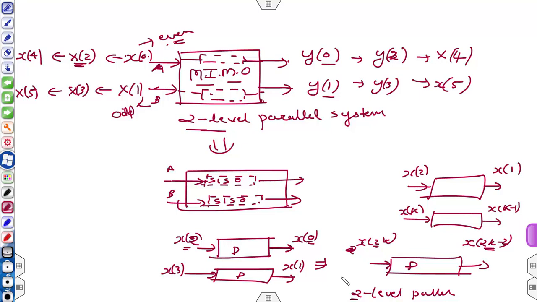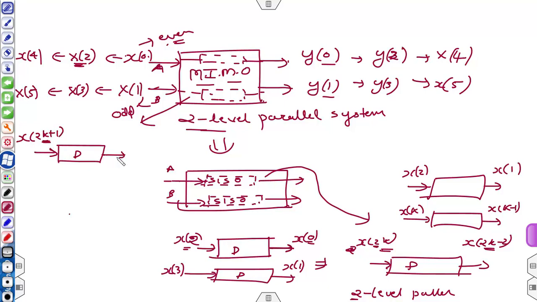This is valid for this first system, which is processing even number of samples. For the second one, if there is a delay element at any point and the input sample is x of 2k plus 1, an odd number of samples, the output will also have a difference of 2, but these are odd numbers, so the output will be x of 2k minus 1.